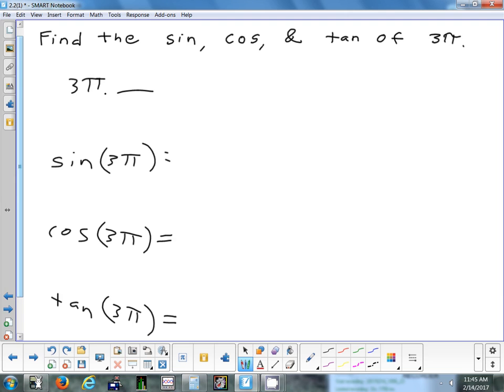So can somebody remind me from last week, how do I change radians to degrees? We did this the other way with the test problem that I went over. Yep, times 180 divided by pi. Multiply by 180, divide by pi, and I get 3 times 180, or just think in your head, 3 times 18, and add a 0.